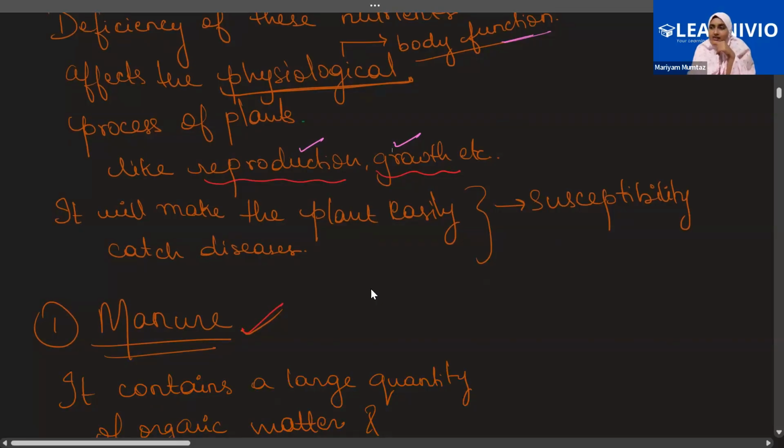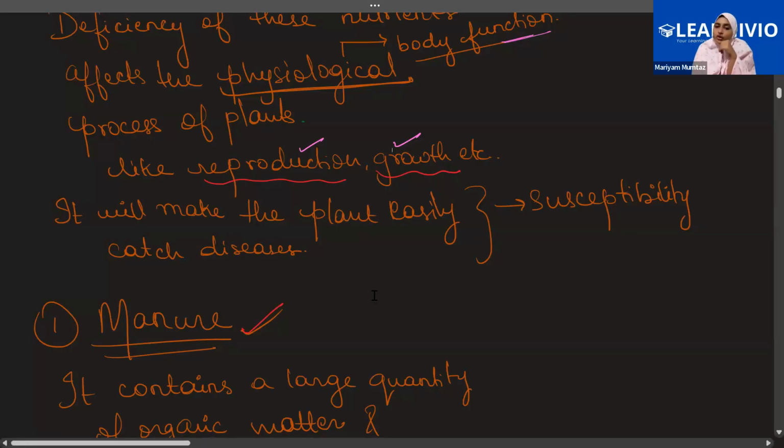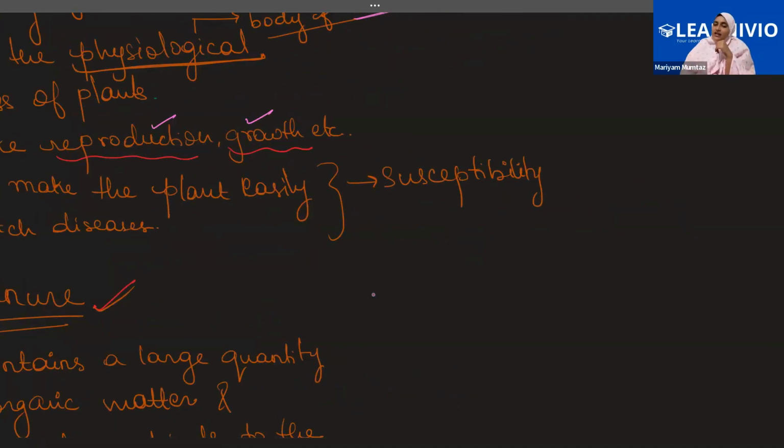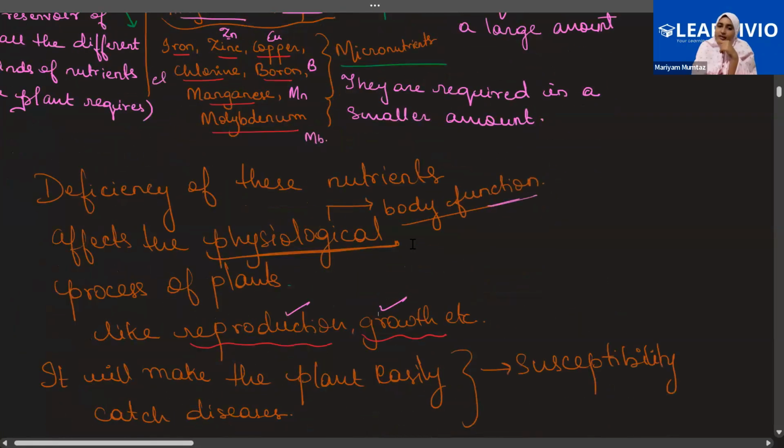Just like us, if we do not have enough immunity, we get ill easily. The same thing happens in plants if they do not have enough nutrients. This is called susceptibility, meaning they will be susceptible to a variety of diseases because of the deficiency of all these nutrients. So they are very important.